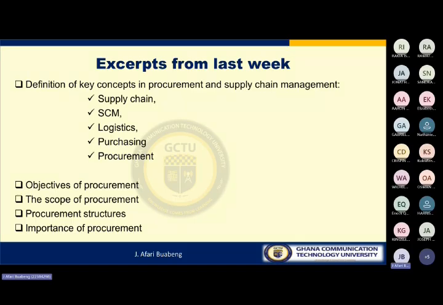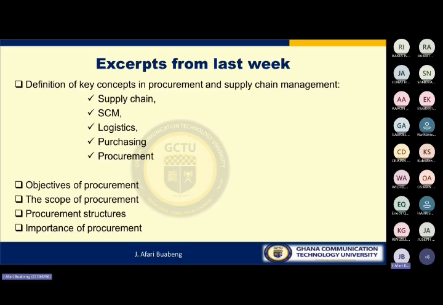So centralized procurement structure is where the procurement activities for an organization are performed from or at a central location. The organization may have different branches, different units, but once it has to do with procurement and its related activity, it has to be performed from one central location.